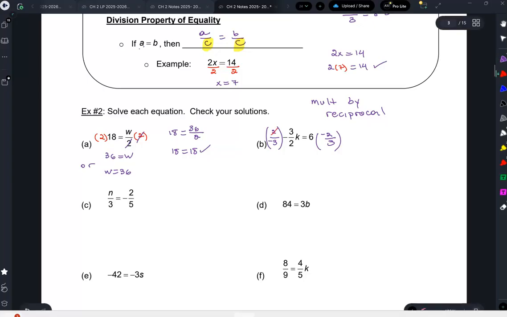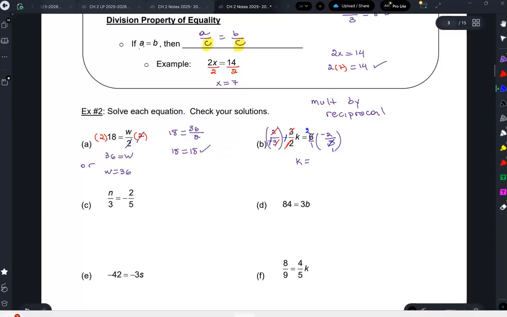Right? So now look, the 2 and the 2 cancel. The 3 and the 3 cancel. The negative and the negative cancel. So over here, I just have k. Now, this is over 1. Let's see what cancels here. The 6 and the 3, can I reduce that? This becomes 2, this becomes 1.